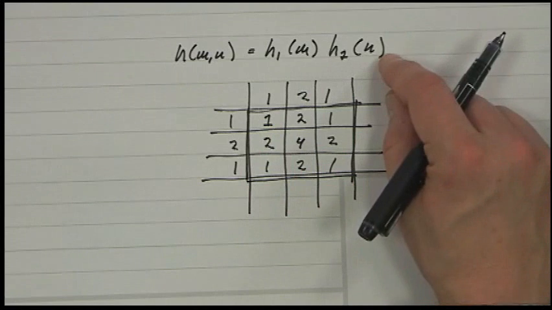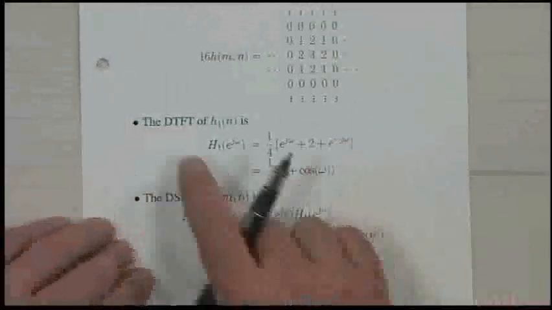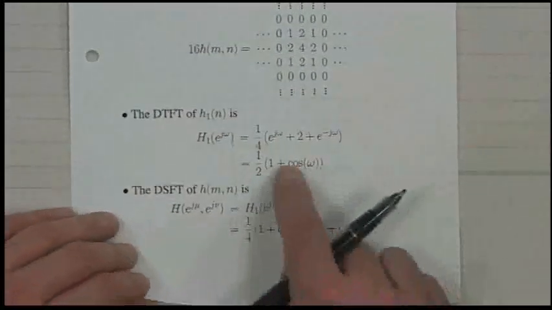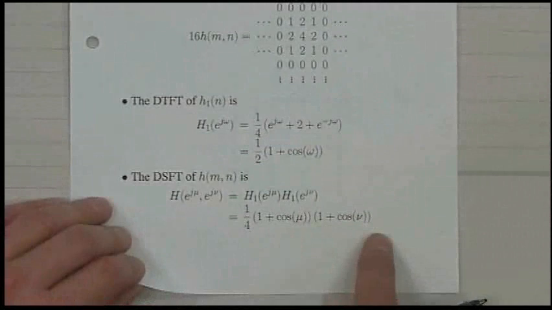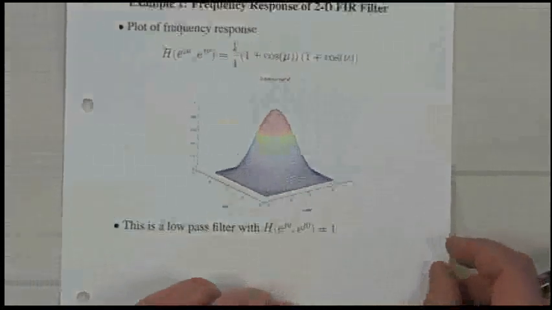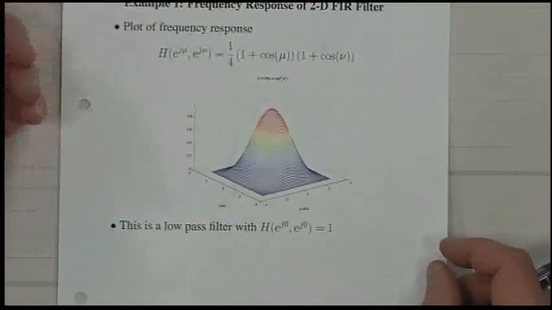And then you can calculate the Fourier transform of the 2D filter by taking the discrete-time Fourier transform of each 1D filter and then multiplying them together. So doing that, you get this expression here. You can plot it. You guys did this for one of the labs, or something very similar to it. And this is the result you get. So you can look at this.